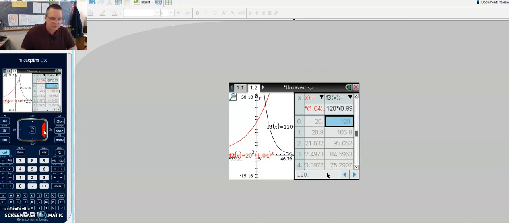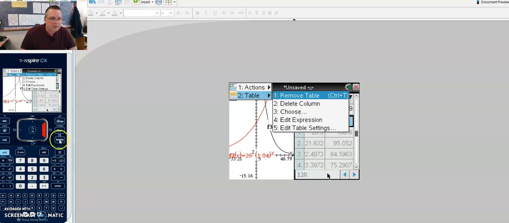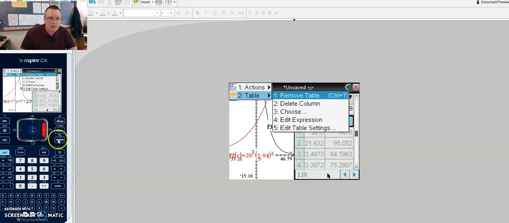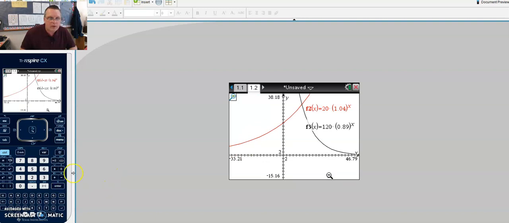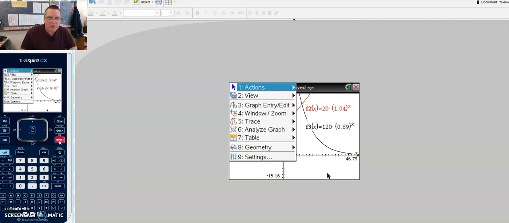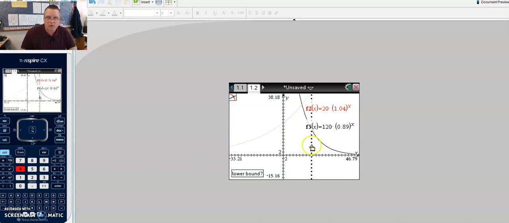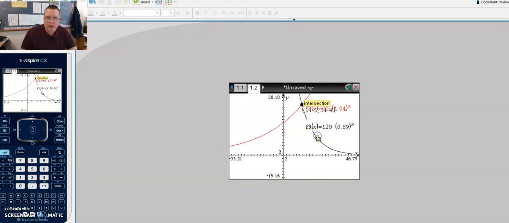So I'm going to escape this and find my intersection, so I'm going to remove the table. Now we go to the analyze graph menu, intersection, with the lower bound here and the upper bound there. And it's 11.5 and 31.4.